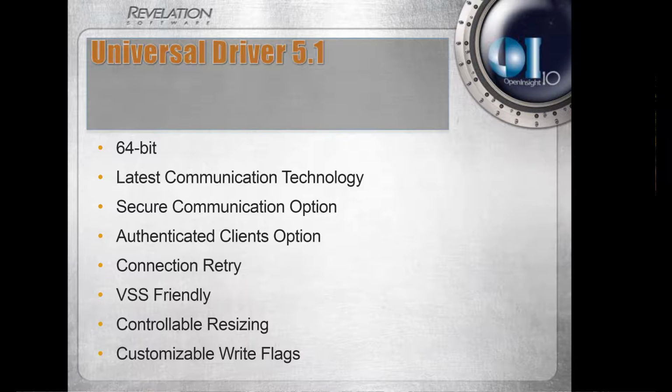What that means is you can choose to run the communications link between your OpenInsight and the universal driver either in legacy mode, which is what we have right now on your older versions of OpenInsight, or secure mode, where the communications between the client and the server are encrypted, or even in authenticated secure mode, which means that a list of available and valid clients are first registered with the universal driver, and only those clients can communicate over the encrypted channel to the universal driver.